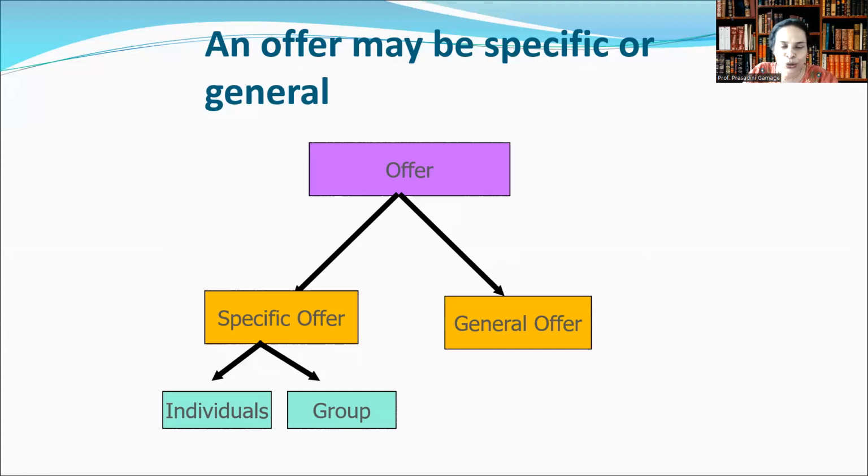Only the persons in that group can accept that offer. Only the BCom first year students can accept it. Even if BCom final year students are interested in this, they can't accept because this offer is made to a particular group of persons.